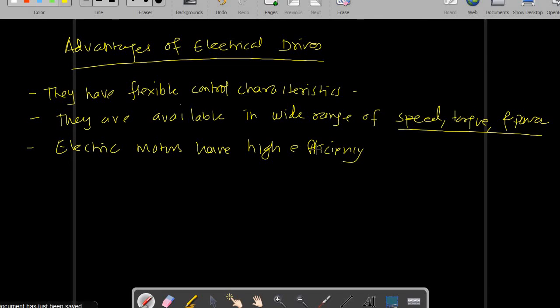Compared to other prime movers, they have a longer life, lower noise, lower maintenance requirements and cleaner operation.